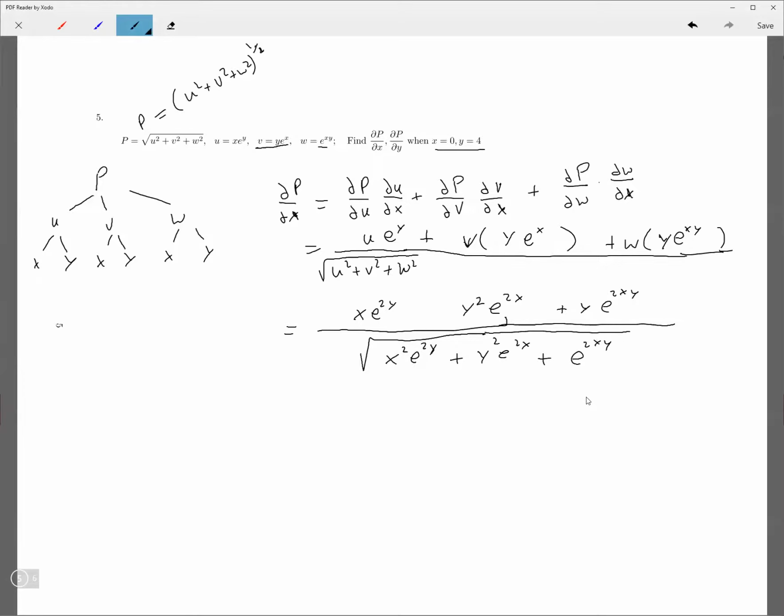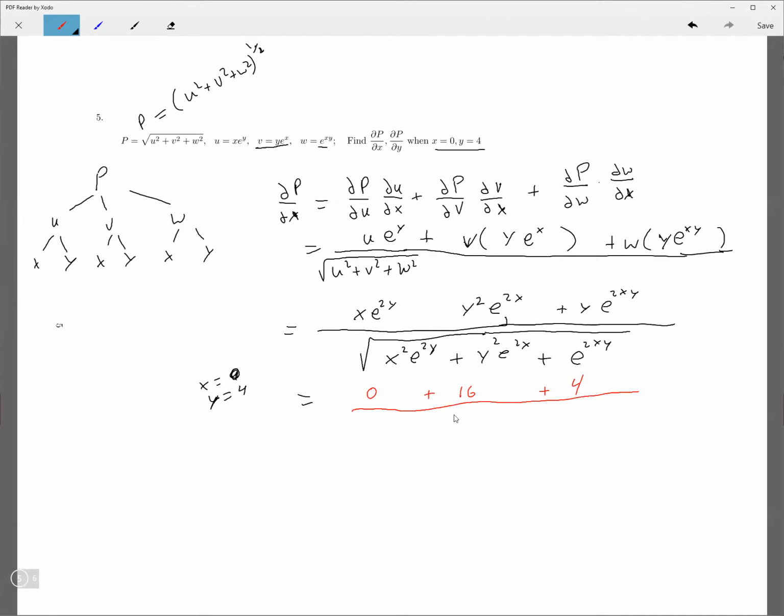Then you set x equal to 0 and y equal to 4. And what happens? We get 0 here, and then this is going to be 16 times e to the 0, which is 1. And then this one is just 4, right?